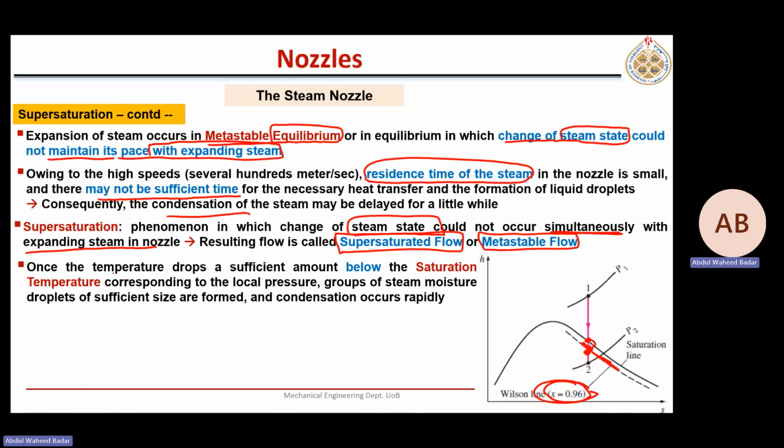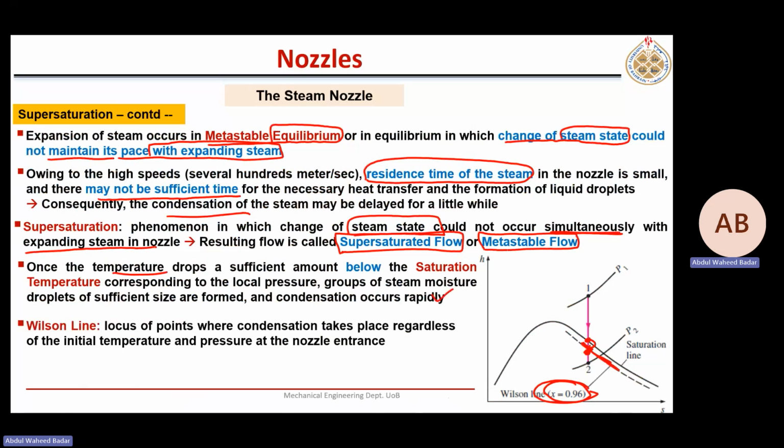All this we have discussed. The Wilson line is the locus of all those points where condensation takes place immediately, and it is not dependent upon point one. Wherever point one is, condensation will take place at about this x, as long as the flow is in the sonic to supersonic range.